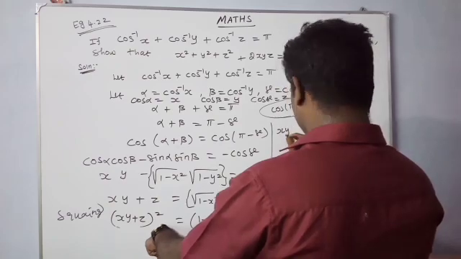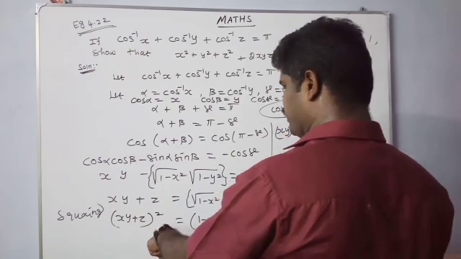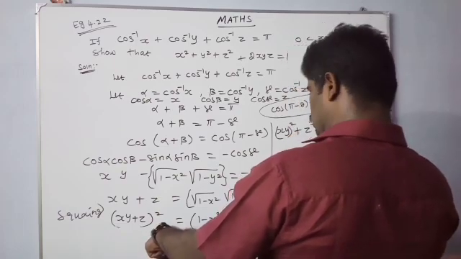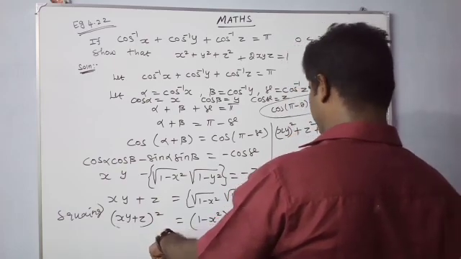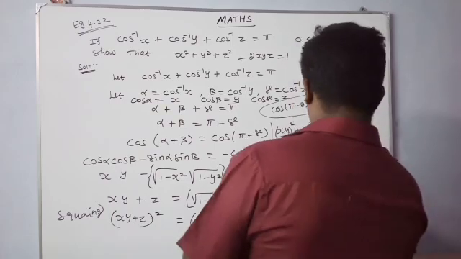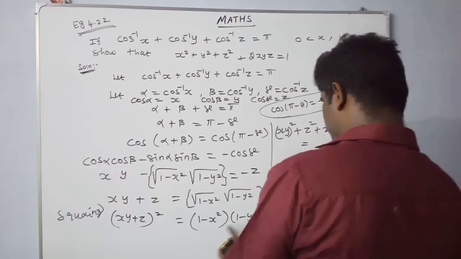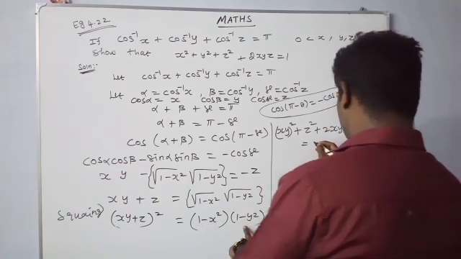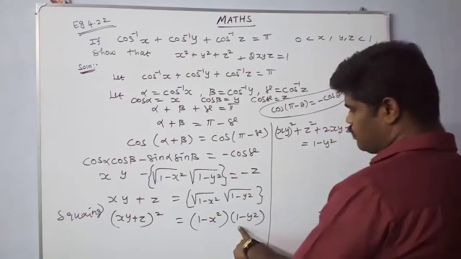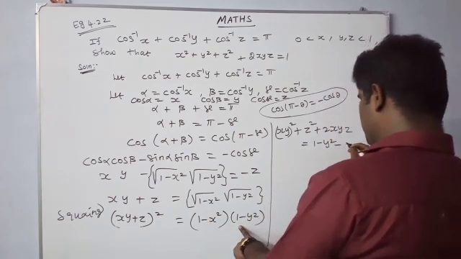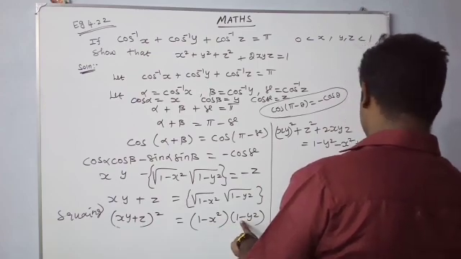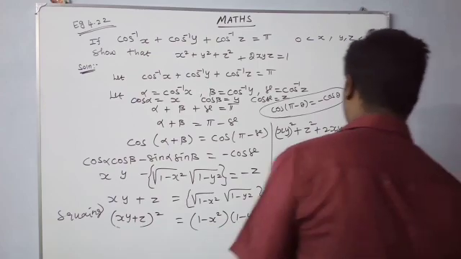xy the whole square plus z square plus 2xyz, which is equal to, multiplying the terms on the right: 1 times these two terms gives 1 minus y square, and minus x square times this gives minus x square, and minus into minus gives plus x square y square.